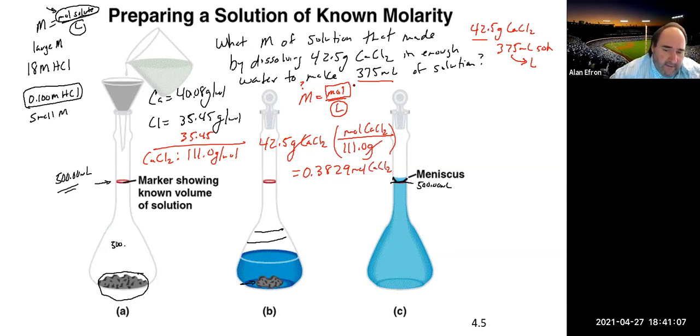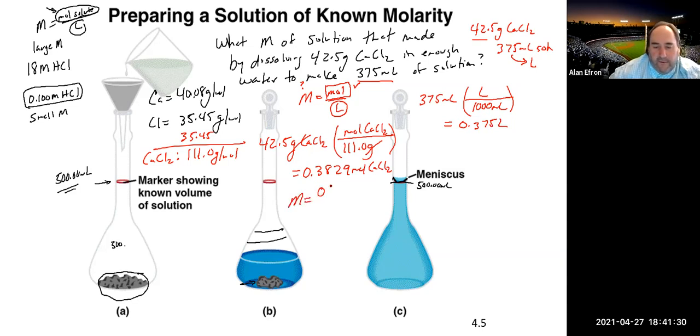Now that we have the top, we need to convert our 375 milliliters into liters. Divide by 1,000, or just move the decimal point, and that gives us 0.375 liters. That's what we need to get our molarity.